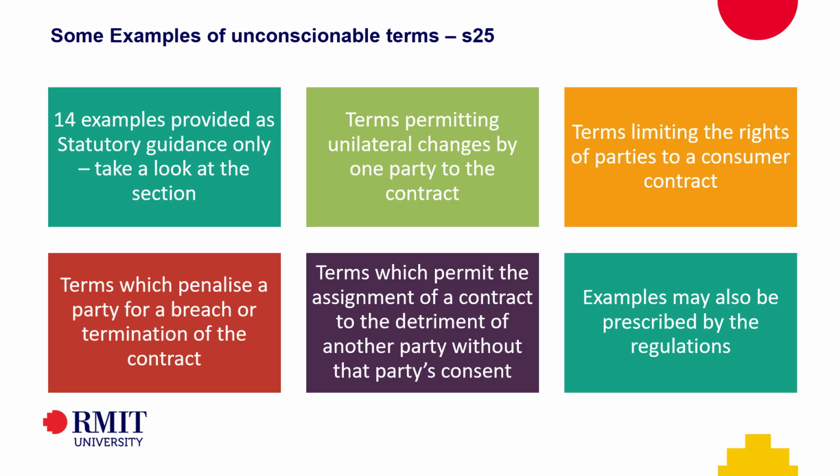So I mentioned before that the Act contains some examples of unconscionable terms. So 14 examples are provided as guidance. So they include things like terms that permit a unilateral change by one party to the contract. So where this comes up often is things like franchise agreements.